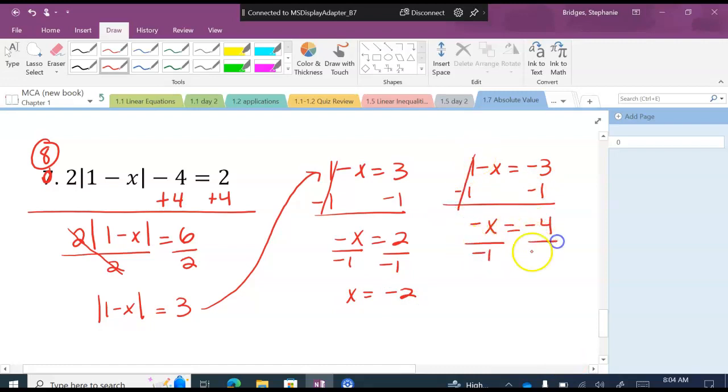And when we work both of these out and solve them, I get x is equal to a negative 2, and I get x is equal to a positive 4. And again, no variable outside of the absolute value, so therefore it is going to work.